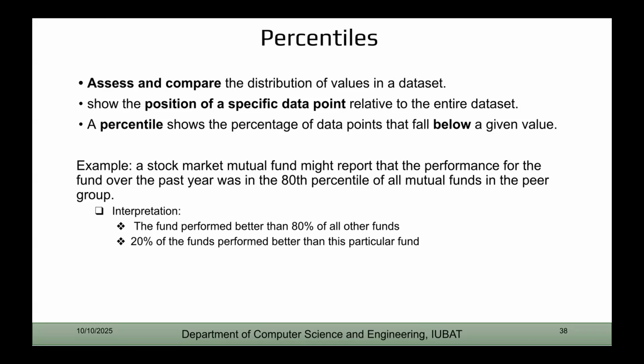Here is an example to make sense of it: a stock market mutual fund might report that the performance of the fund over the past years was in the 80th percentile of all mutual funds in the peer group.